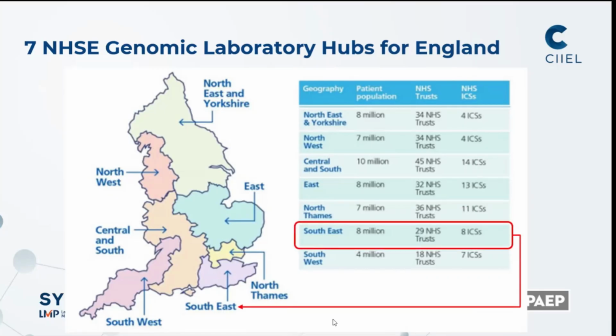Synnovis and I work in the southeast here, covering South London, Kent, and various parts of Surrey and Sussex. Some coverage of about 8 million people, 8.5 million people, I think it is now. That's quite a large population, a Scandinavian country or two.